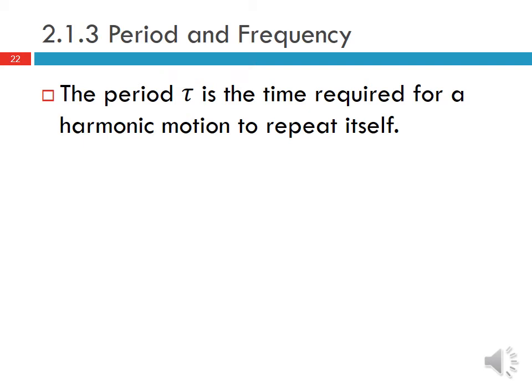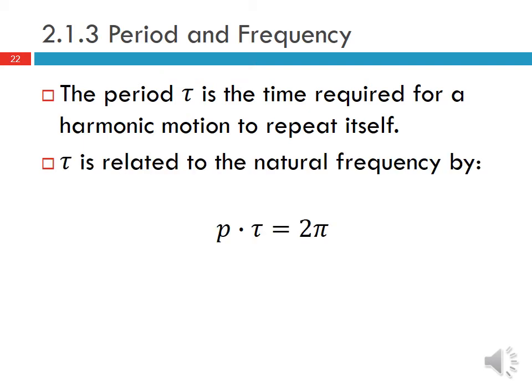So the period tau is the time required for our harmonic motion to repeat itself. So it's related to the natural frequency as this. So p tau is equal to 2 pi. So tau is equal to 2 pi over p, or p is equal to 2 pi over tau. So this just relates the period and the frequency of a harmonic motion.